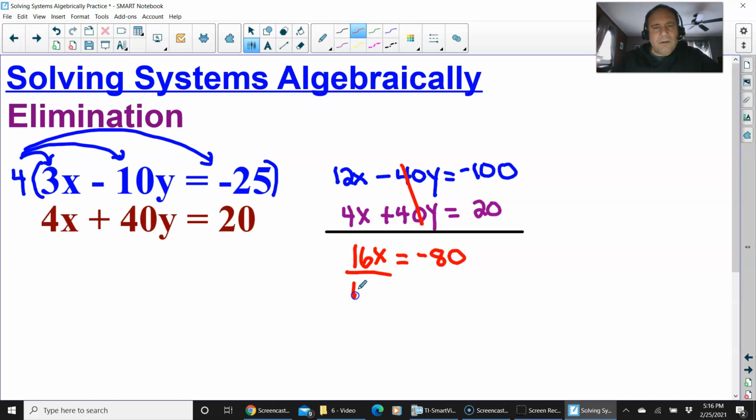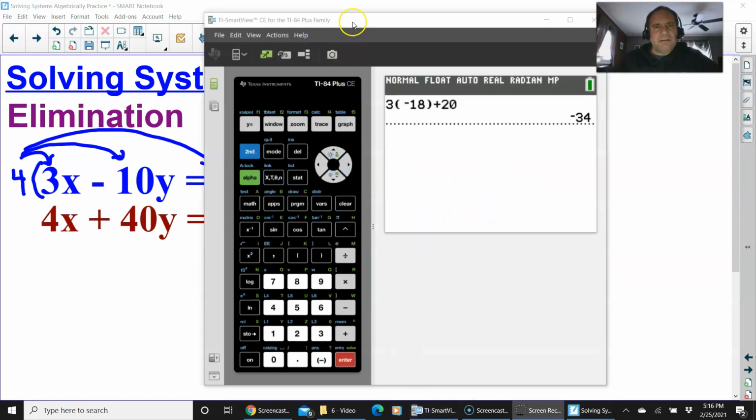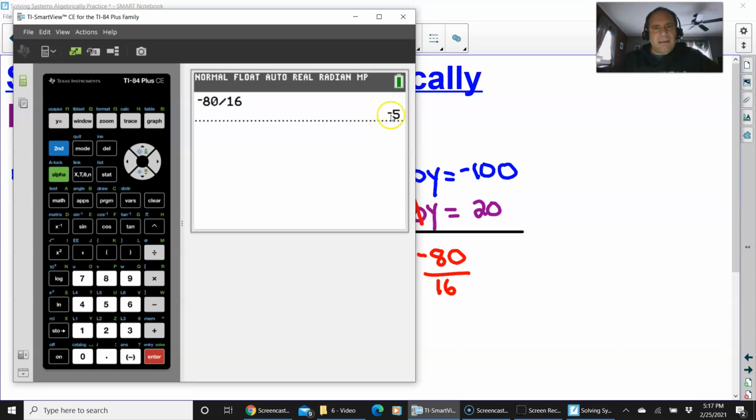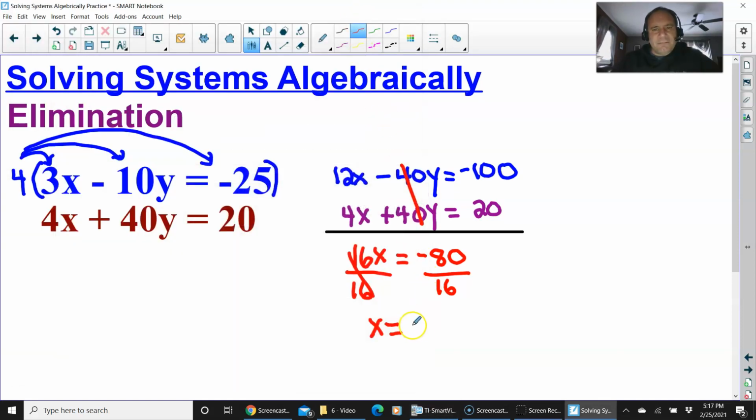When you go ahead and solve, and you bring up your calculator, always use your calculator, and we get x equals negative 5.